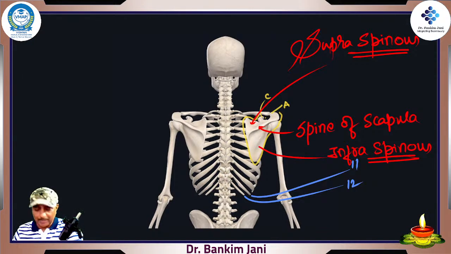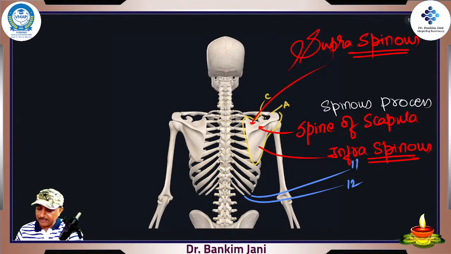That area will be having muscles, such easy names. Same principle, the name should follow. The spine of scapula: above is supraspinatus, below is infraspinatus.